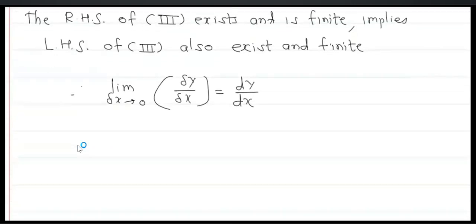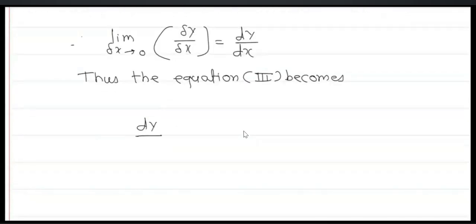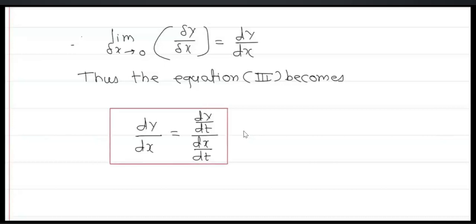Therefore, limit delta x tends to 0 of delta y upon delta x is equal to dy by dx. Thus the equation third becomes dy upon dx is equal to dy by dt upon dx upon dt. This is the rule which is asked in the board exam, where dx upon dt is not equal to 0.